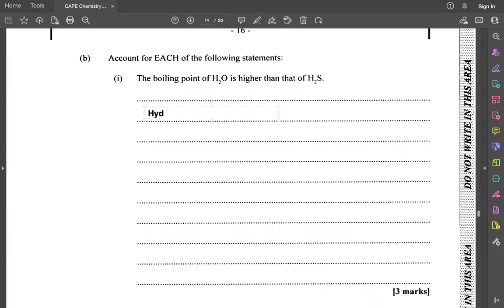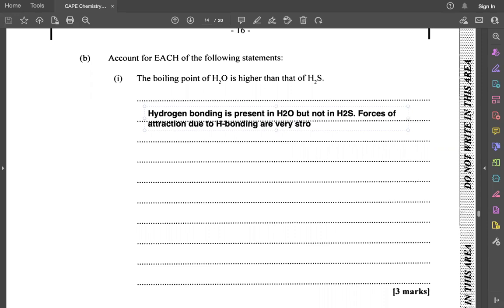So let's just write that down. Hydrogen bonding is present in H2O, but not in H2S. So right off the bat, that alone changes the game, right? We know that hydrogen bonding forces are very strong. Forces of attraction due to H bonding, but we know that's hydrogen bonding, are very strong.